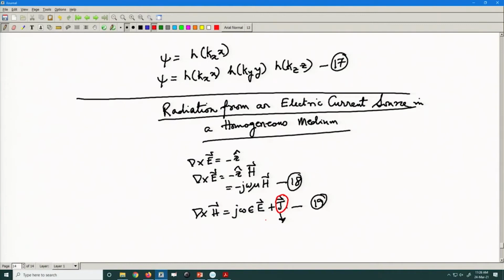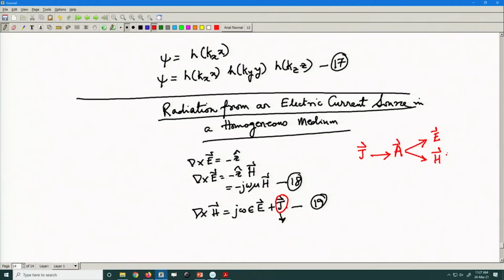Therefore, we follow the strategy of finding what we call a potential, in this case a vector magnetic potential A, which is linked to the current source J, and from A we can find the electric and magnetic fields.